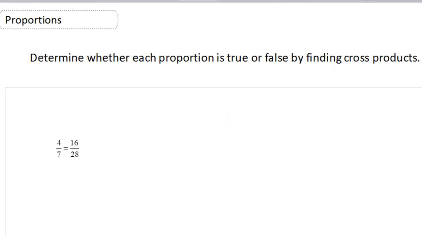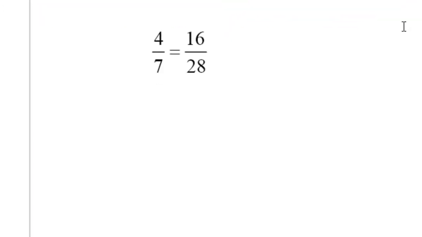So for example, here we have our first proportion, and it says 4/7 is equal to 16/28, and we want to see if that's true or false. Well, one way to determine if proportions are true is by simplifying. So you could simplify 16/28 and reduce it and see if it equals 4/7.